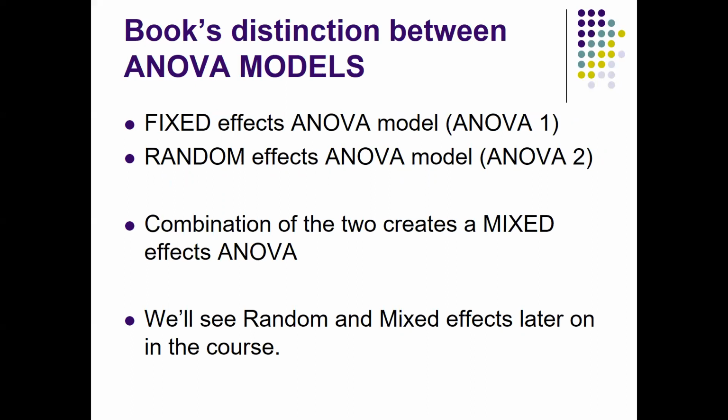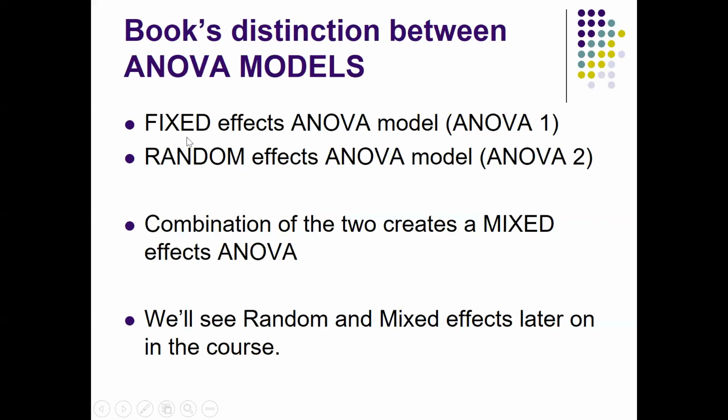You're going to see the book makes two big distinctions in models. The one model we call the fixed effects model, or ANOVA model 1, and the second one is called the random effects model, ANOVA model 2. The combination of the two creates what we call a mixed effects model, which is what the book will refer to as a mixed model. We'll see the random and mixed effect models in chapters 25 and 27.